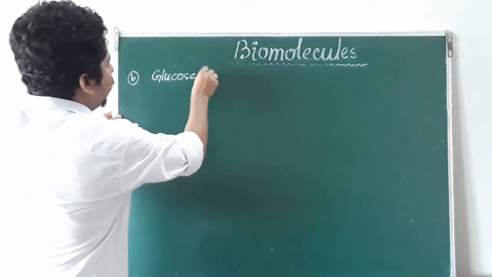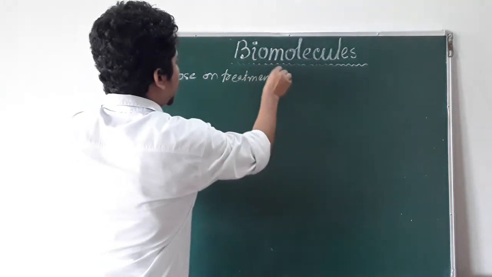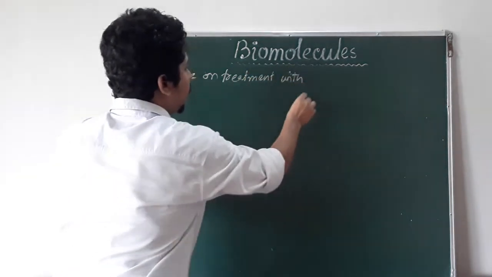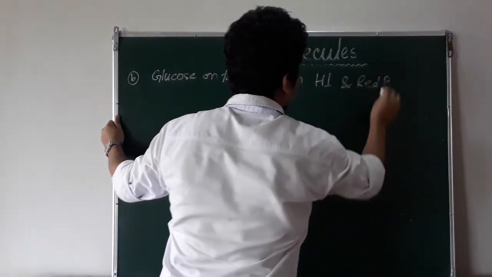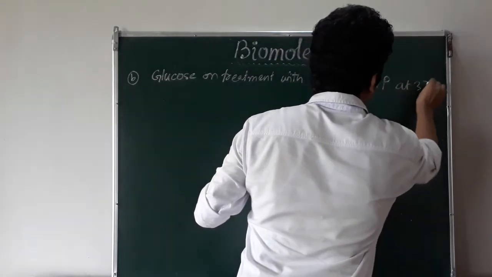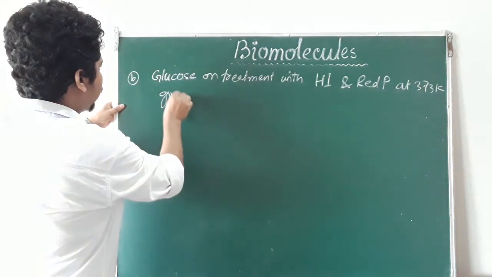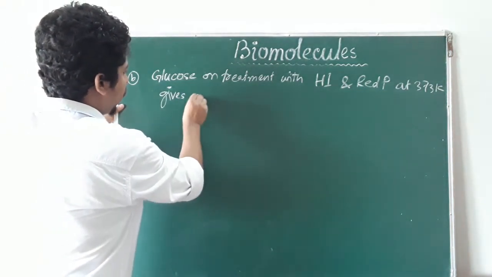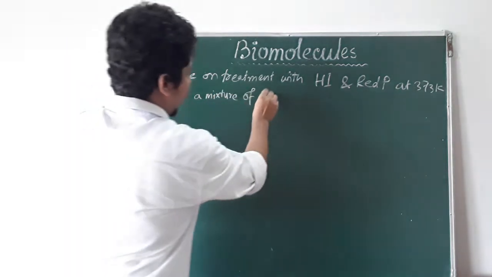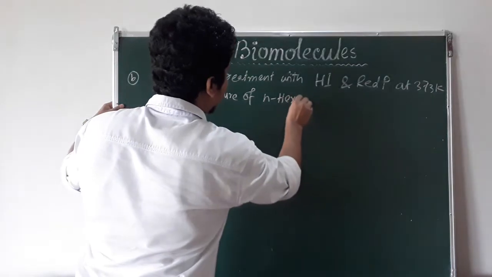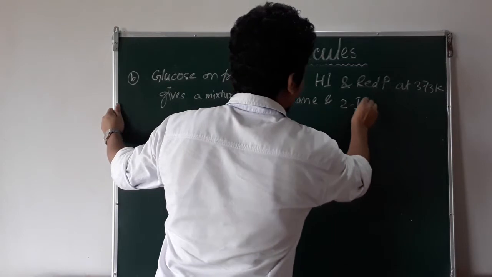Glucose on treatment with hydrogen iodide and red phosphorus at 373 Kelvin gives a mixture of N-hexane and 2-iodohexane.